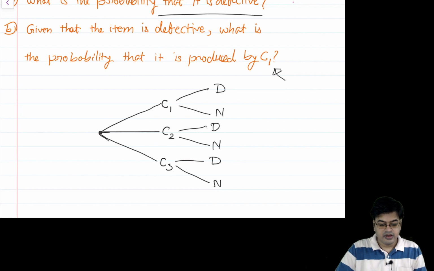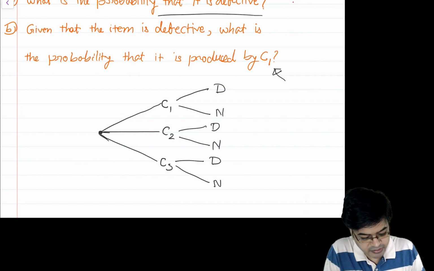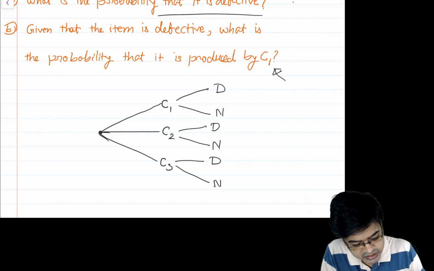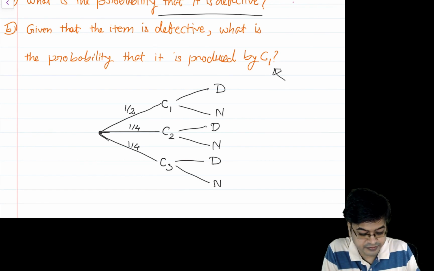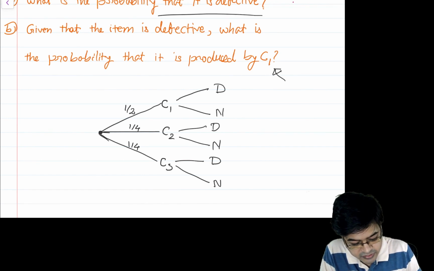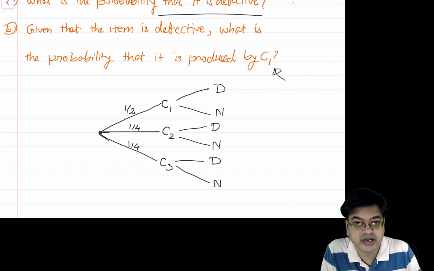Now let me write the probabilities on the branches. First, we have already computed that the probability of C1 is half, the probability of C2 was 1 by 4 and the probability of C3 was also 1 by 4. Now when I am at this branch, I already know that C1 has occurred.